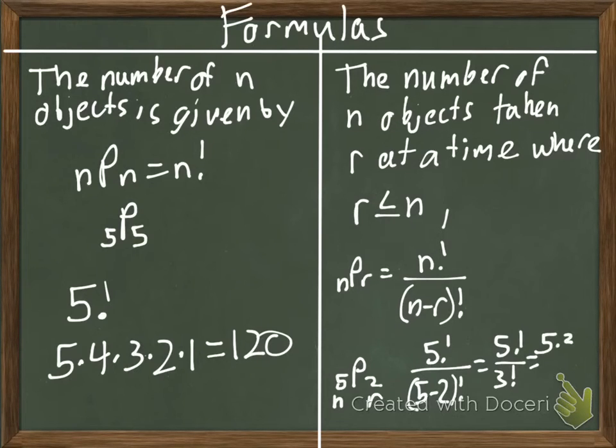Then we take our 5 factorial and we get 120 again, because we just did that over there, and then we divide that by our 3 factorial, which if you remember from the previous slide was 6, and 120 divided by 6 is 20. So there are 20 ways there.